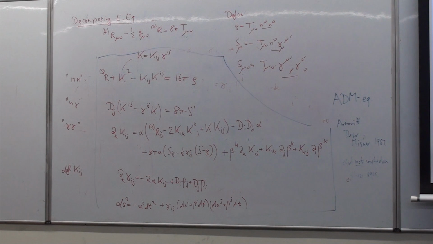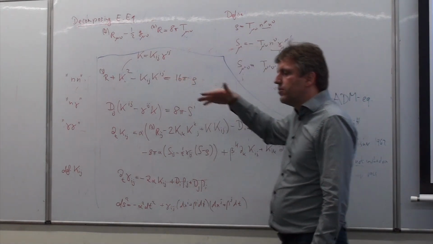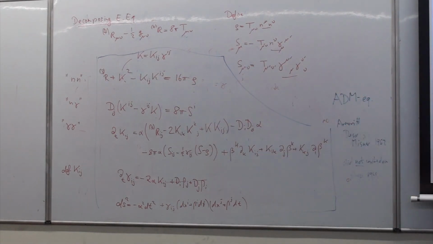It turns out ADM wrote these equations not in terms of Kij, but in terms of the conjugate momentum to gamma ij, which has a few extra terms in it, which actually matters every now and then for some aspects.